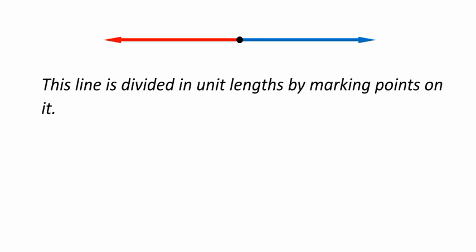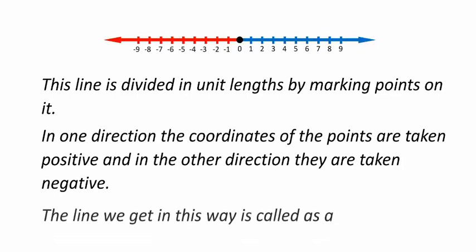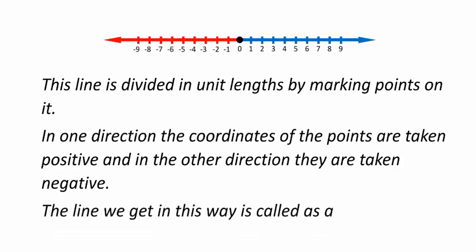This line is divided in unit lengths by marking points on it. In one direction, the coordinates of the points are taken positive, and in the other direction they are taken negative. The line we get in this way is called as a number line.